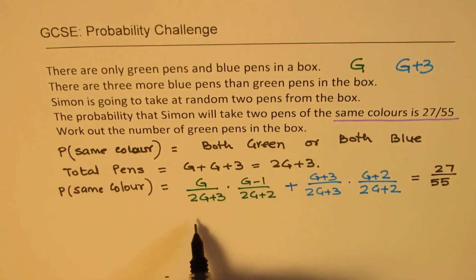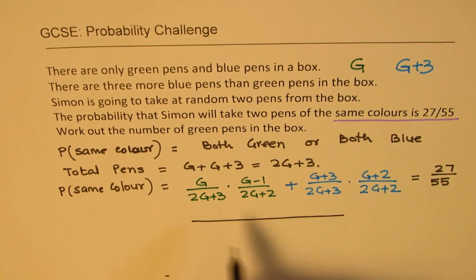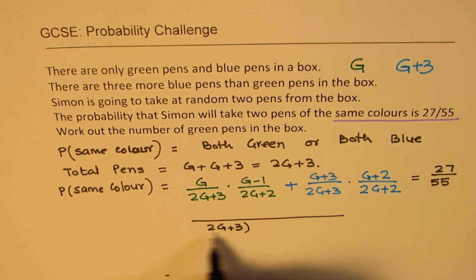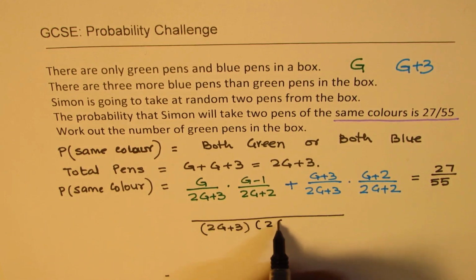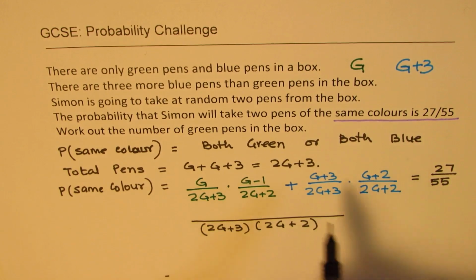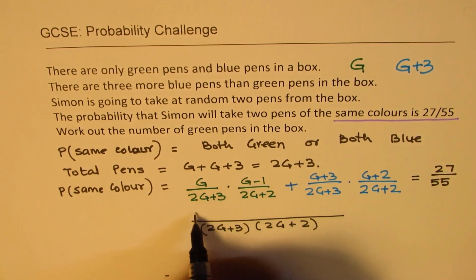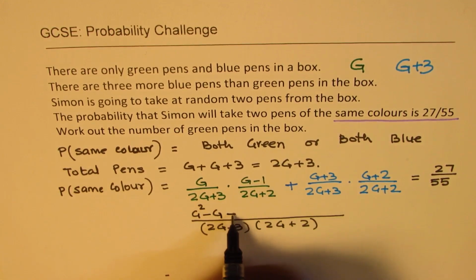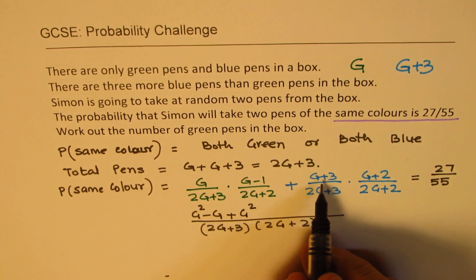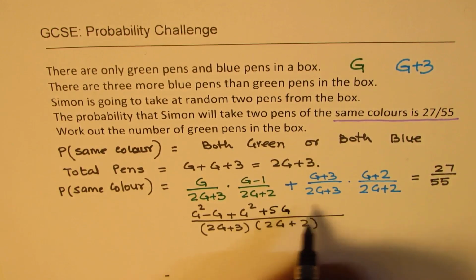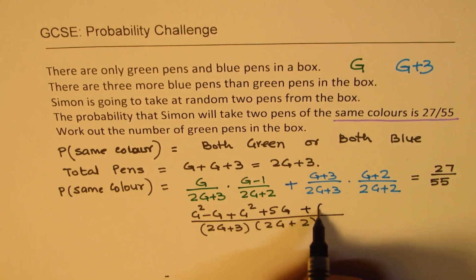So we have a common denominator, which is 2G plus 3 times 2G plus 2. In the numerator, we can multiply and expand. So we get G square minus G from these two terms. And here we get G square, 2G plus 3G gives us 5G, and 2 times 3 gives us 6.